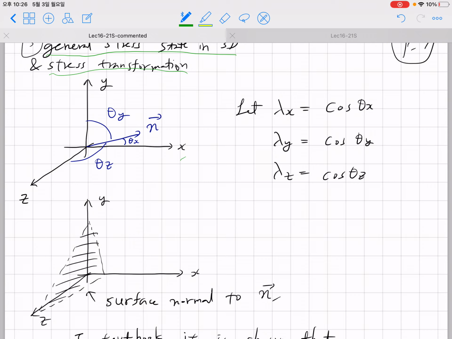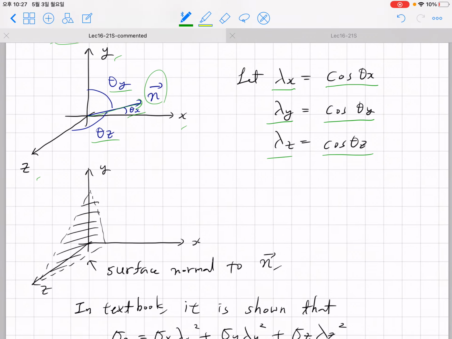In the x, y, z coordinate, we'll take a vector n, and to this vector n, we can define three angles from the x-axis, y-axis, and z-axis: theta x, theta y, theta z. And we're gonna call the directional cosines lambda x, cosine theta x, lambda y, cosine theta y, lambda z, cosine theta z.